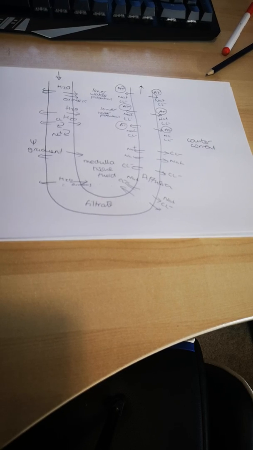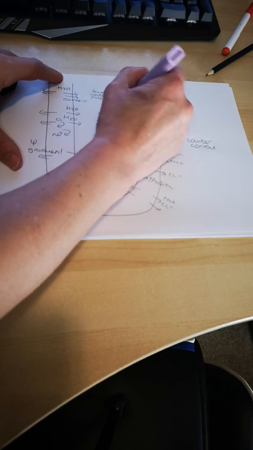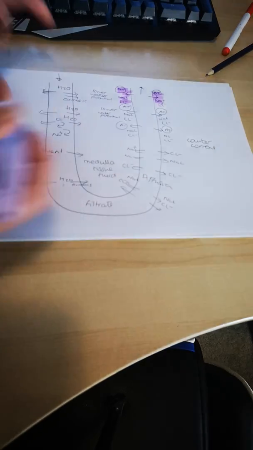Okay, so the first thing I always talk about when I answer these exam questions, describing how the loop of Henle and the countercurrent system within the loop of Henle ensures that lots of water is reabsorbed from the filtrate back into the blood, I always start here. So I start with my first mark point.